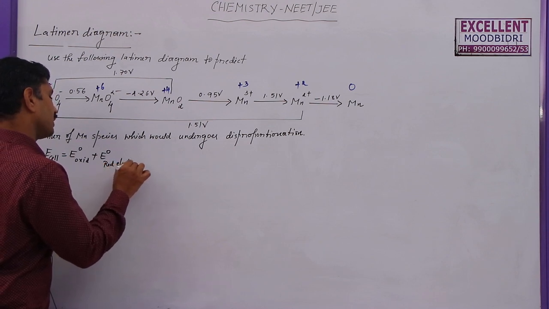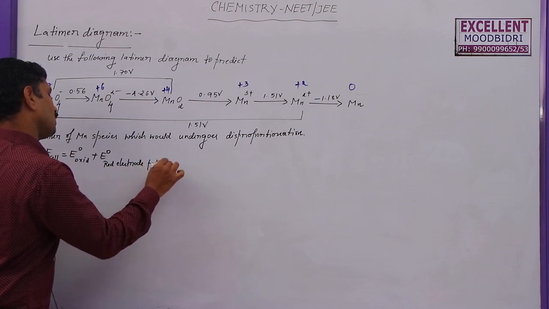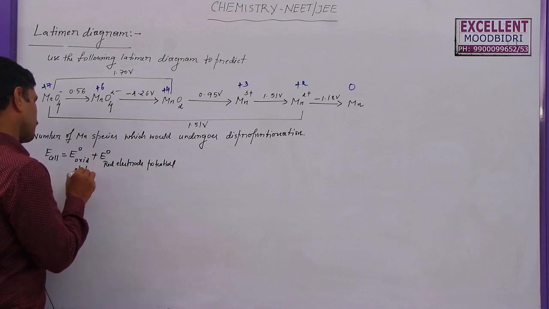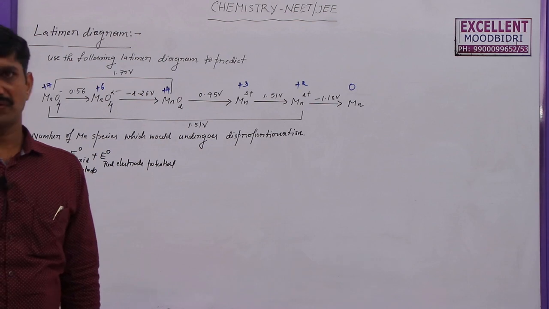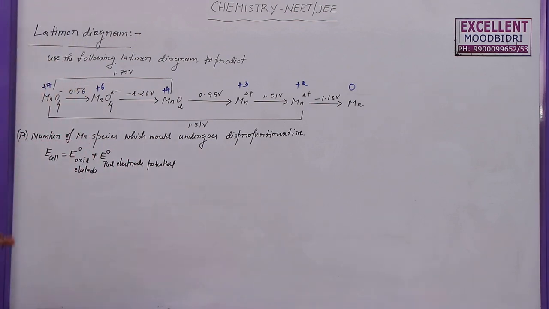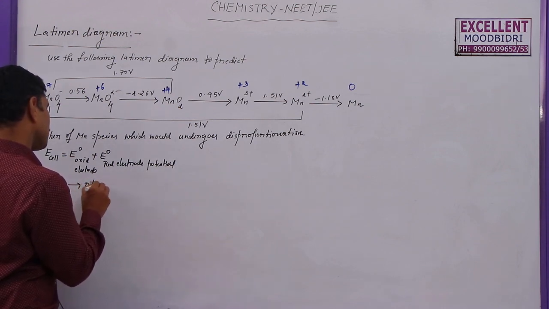Using this data, we can find the E cell of the reactions. Okay. Suppose one example is given: the species A changes to A plus electrons.